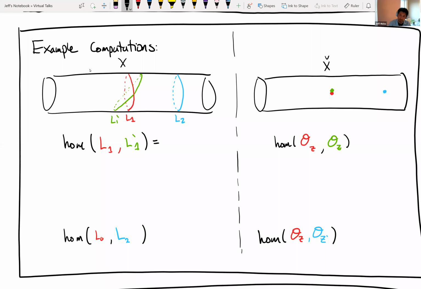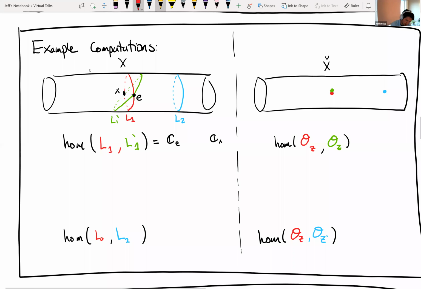If I compute the Hom between these two objects in the Fukaya category as a vector space, that's spanned by two generators, E and X, or maybe I'll write that as a chain complex with a generator in degree 0, CE, and a generator in degree 1, CX.